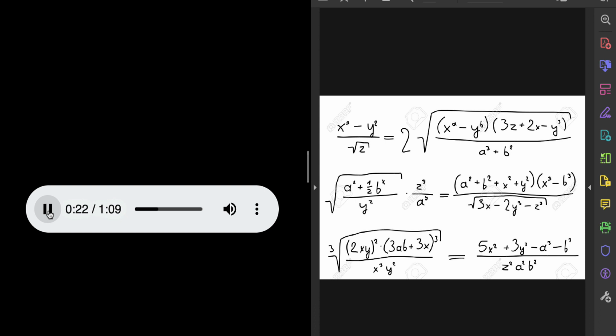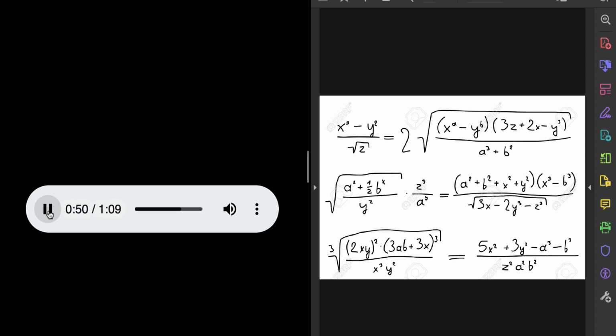Line 2, blank the square root of the fraction with numerator a to the xth power plus 1/2 b to the xth power and denominator y squared times the fraction with numerator z cubed, and denominator a to the yth power equals the fraction with numerator open paren a squared plus b squared plus x squared plus y squared close paren times open paren x cubed minus b cubed close paren and denominator the square root of 3x minus 2 years cubed minus z squared.